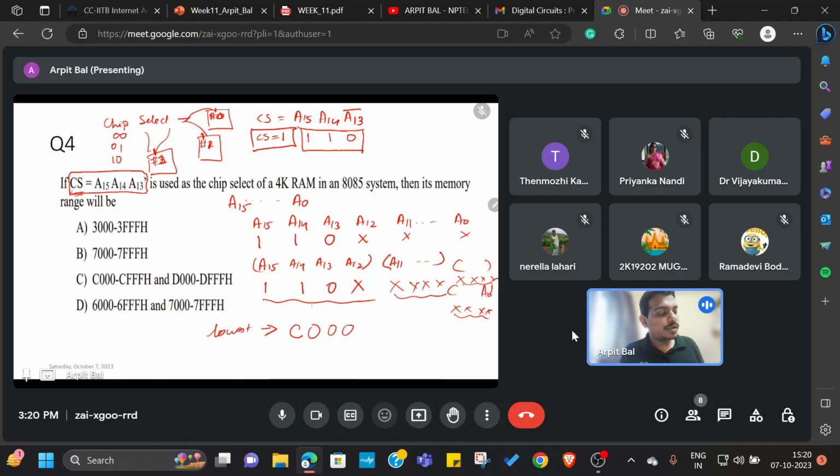So we are going to represent it in terms of hexadecimal. We have grouped it in bits of 4. The lowest will be when this part is 0, so we have 1100 and rest everything is 0. What can be the highest if I assume that this is fixed 1100? What can be the highest value that the rest of the bits can occupy?